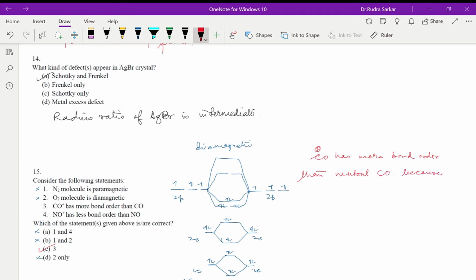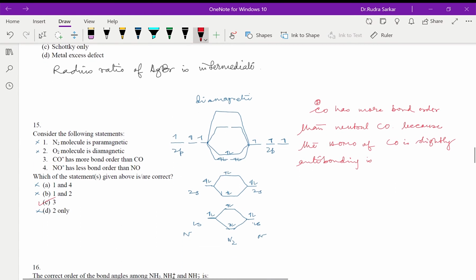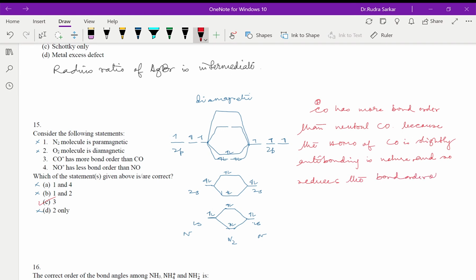Because the HOMO of CO is slightly anti-bonding in nature, and so reduces the bond order of CO. However, on removal of an electron from the HOMO, that is, formation of CO+, the bond order increases.